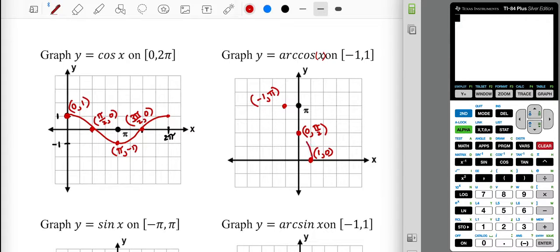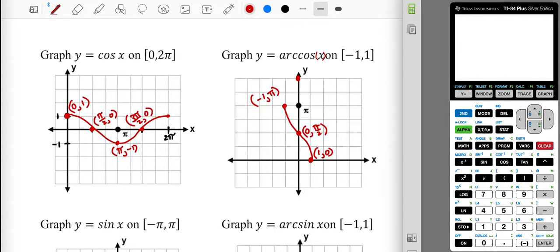The problem with that is if I do that, it's going to put me up here and I will fail the vertical line test and not have a function. So don't want to do that. In fact, if I go beyond the point that I last plotted at -1, pi, it's going to create that looping back upon itself effect and cause this to not be a function.